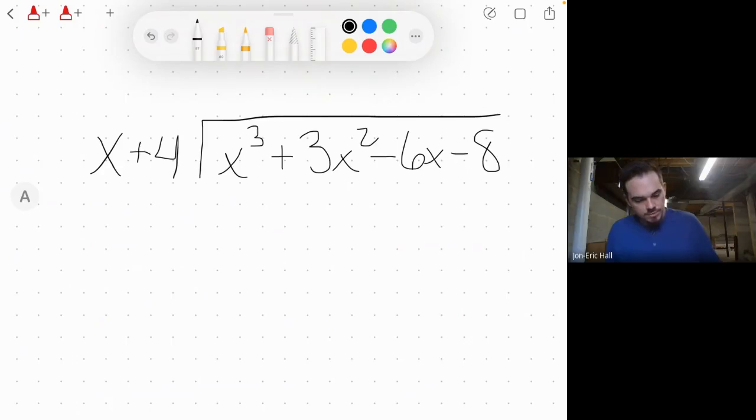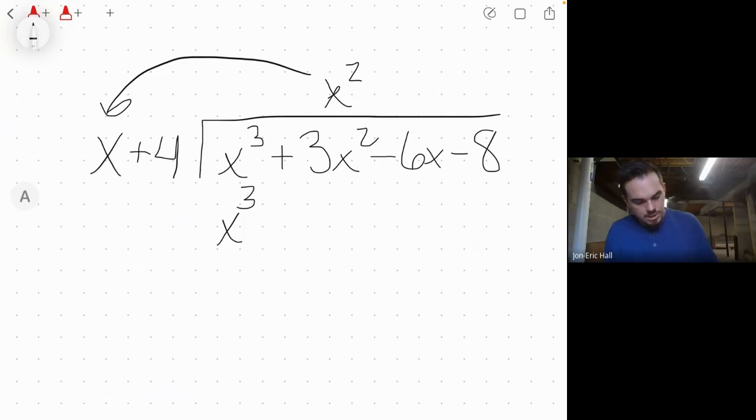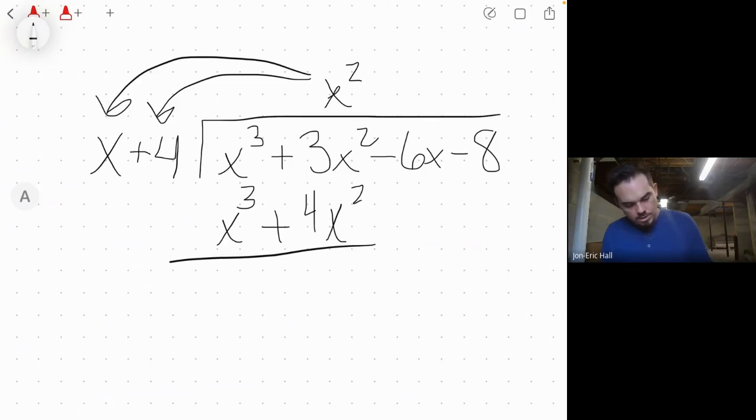Again, ask yourself to begin with, what multiplies to give me x cubed? That'd be x squared. X squared times x is x cubed. X squared times 4 is 4x squared. And we subtract. That will give us 0 here, which we want.